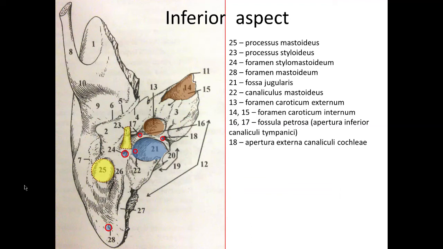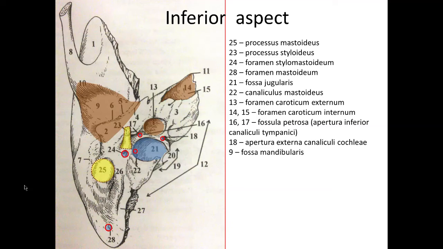It is better seen on the medial surface than from inferior. Then I'd like to show that all this brown region from the lateral part of the bone is fossa mandibularis.